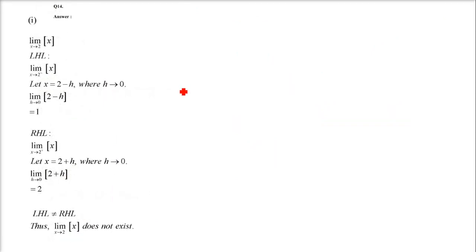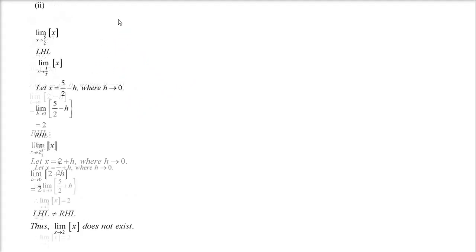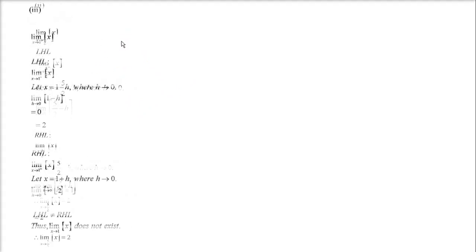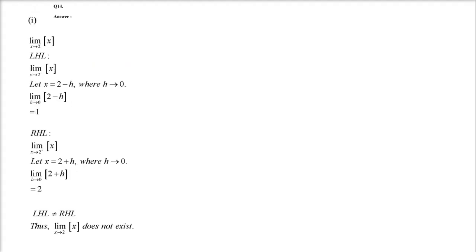Question number 14. All these 3 questions we have already done, as I was saying in question number 9, I guess. Let me tell you again that whenever we have the greatest integer function, those who have understood it's good.